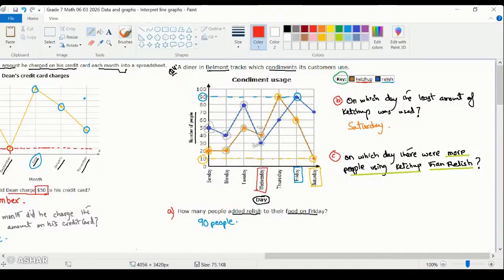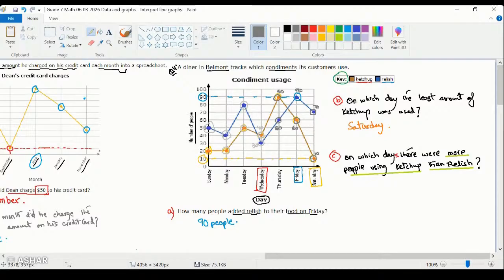The next one, on a Thursday, more people were using ketchup, that were 90, and relish was used by 60. On a Friday, 90 people used relish and only 60 people were using ketchup. Then 70 people used relish and 10 people used ketchup, right?